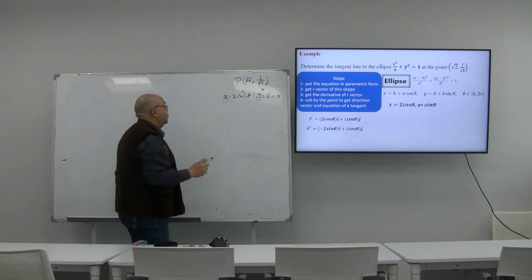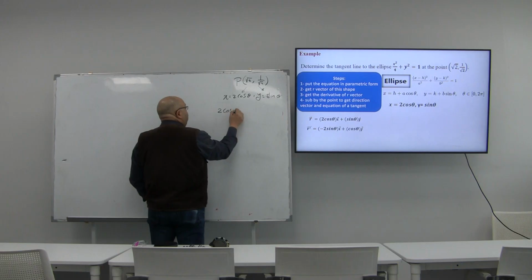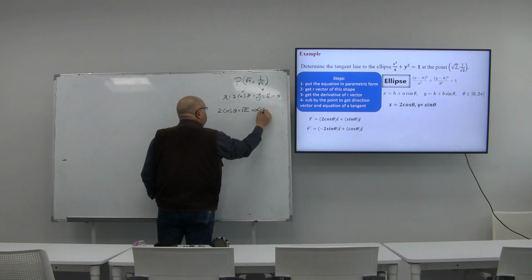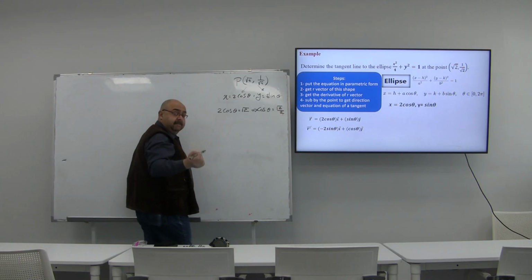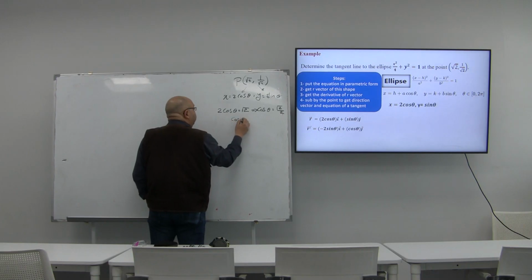Very good. So now I will have to solve the equation 2 cosine theta equals root 2. And this will imply that cosine theta will equal root 2 over 2. Making a simple simplification, you will end up having cosine theta equal 1 over root 2.